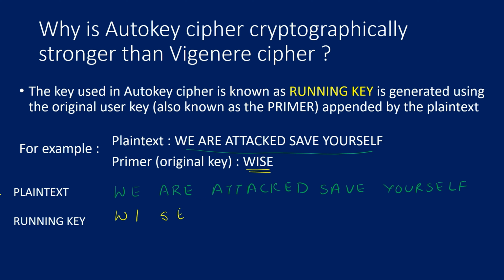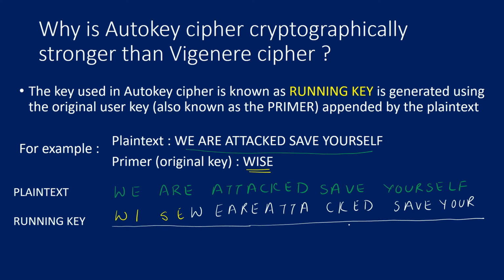So now how do I encrypt the remaining letters of the plain text? Since I am using an Autokey cipher, we append the keyword with the plain text. So I will put the plain text VR attack save yours. Self we don't require because our plain text is finished. So we'll encrypt the plain text using these letters of the key and get a corresponding ciphertext.